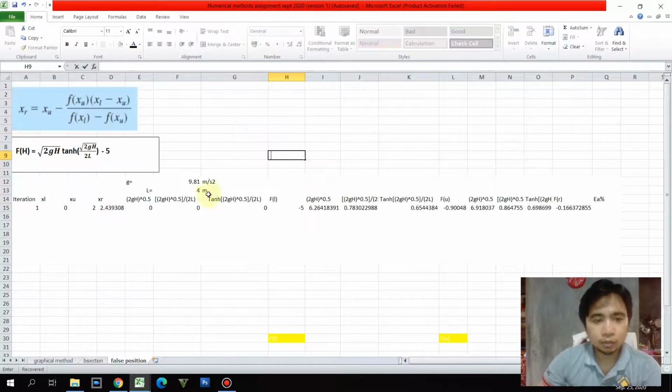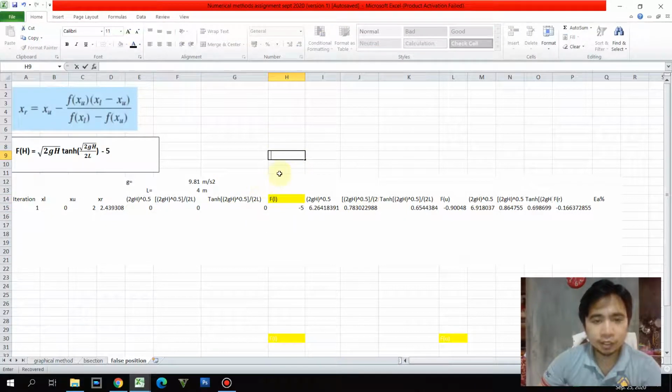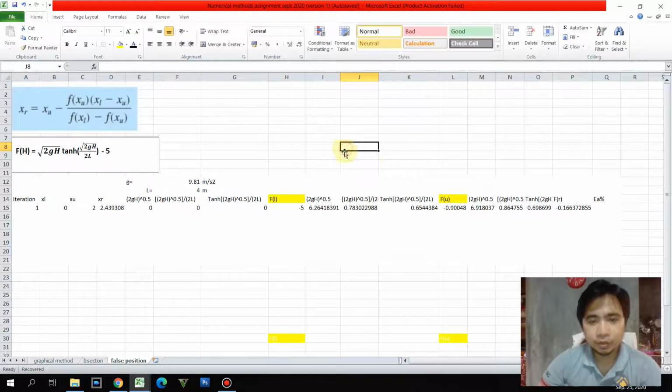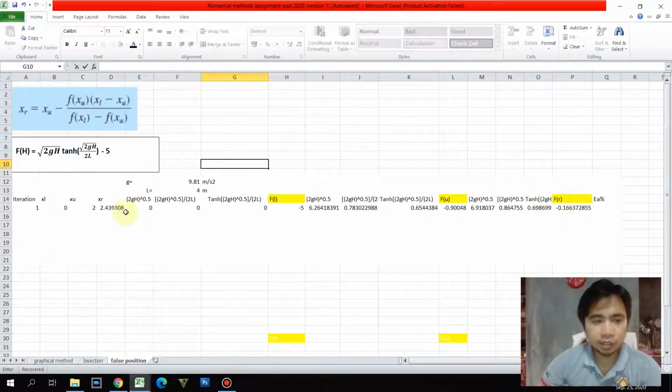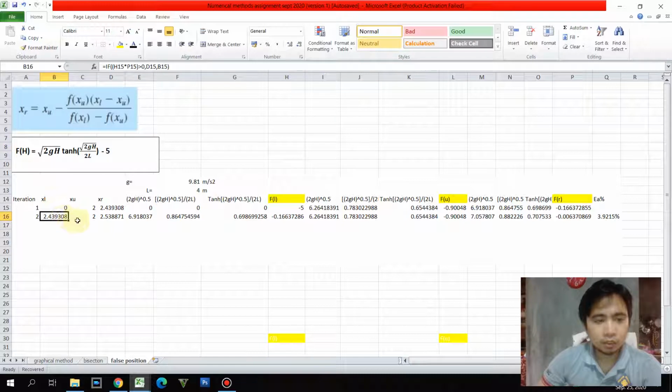Okay. So here we have the function of L derived from xl. We also have the function of U derived from xu, and the function of R that is derived from xr. Now from the second iteration, just similar to the procedure on bisection, we are going to test the lower limit.